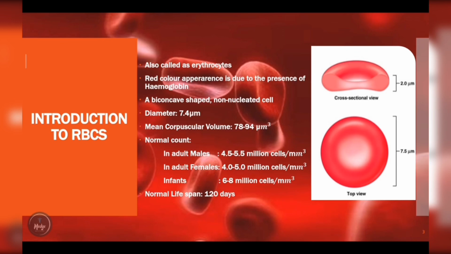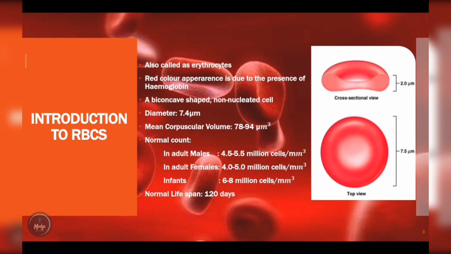The diameter of an RBC is 7.5 micrometer and its thickness is 2 micrometer, and mean corpuscular volume, that's MCV, represents RBC cell size. It ranges from 78 to 94 micrometer cube.